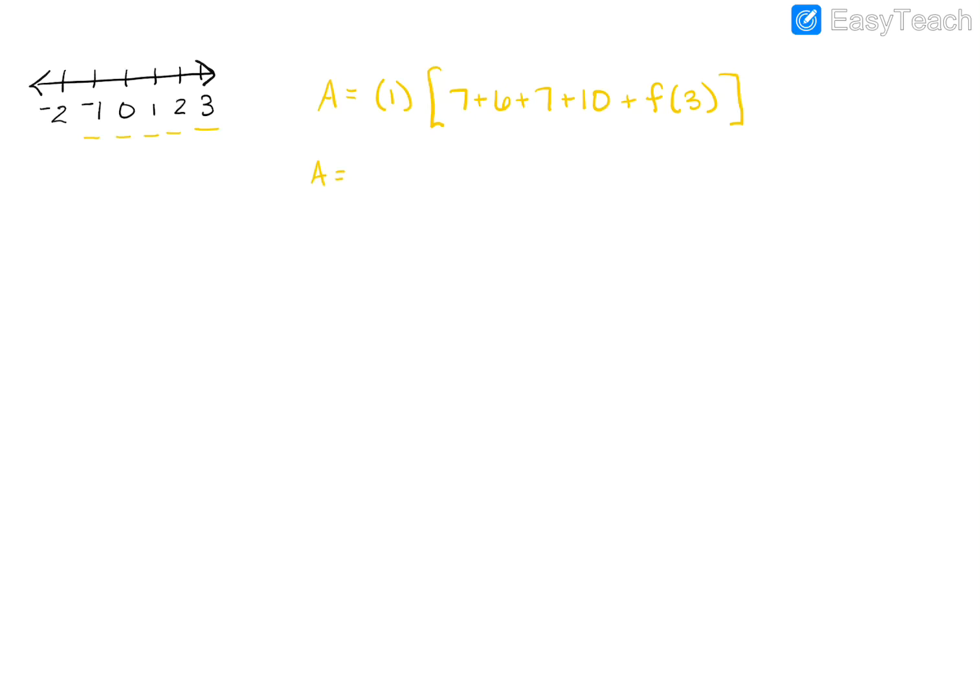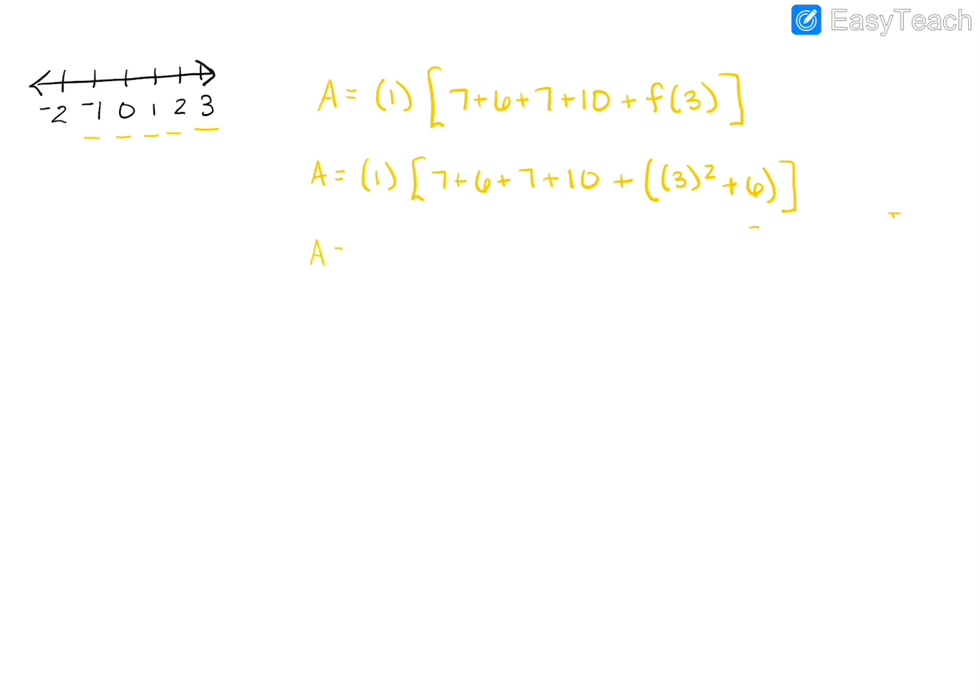So here we would have area is equal to 1 times 7 plus 6 plus 7 plus 10 plus 3 squared plus 6, and that would be 15.